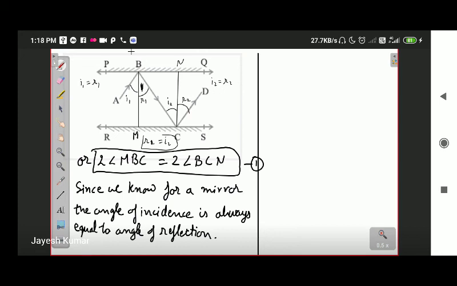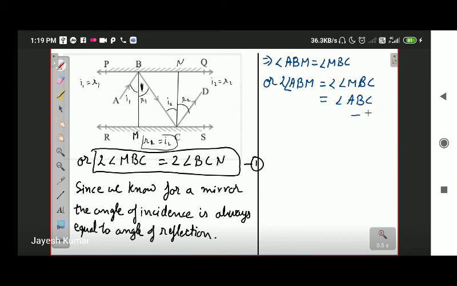It means that angle ABM is equal to angle MBC, or we can say that twice of angle ABM is equal to twice of angle MBC, which is equal to angle ABC. Okay, let me mark this equation 2.